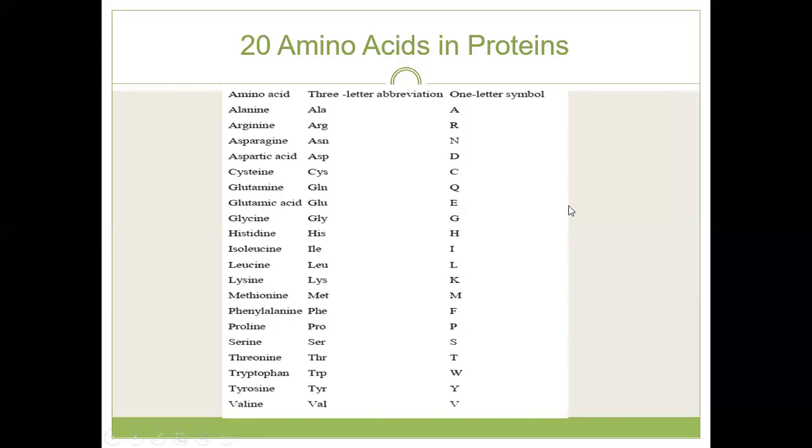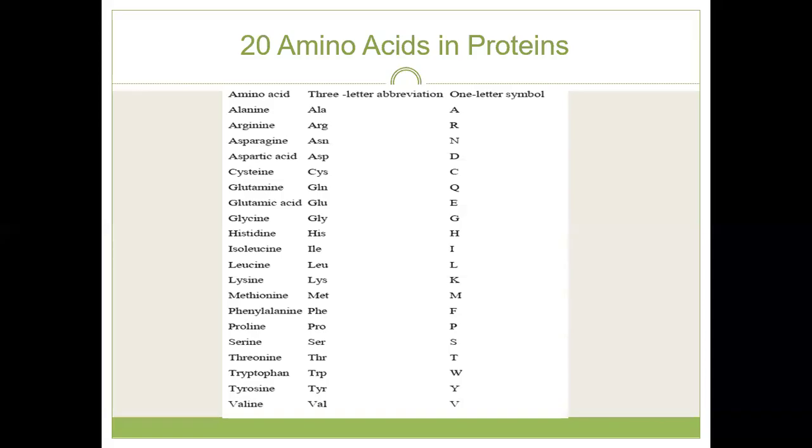Okay. So we say we have more than 20 amino acids, but the most common ones found in proteins are 20. Only these 20, either in their natural form or in modified form, are what is found in a protein. These 20 amino acids can, in some cases, be modified and still be found in a protein.